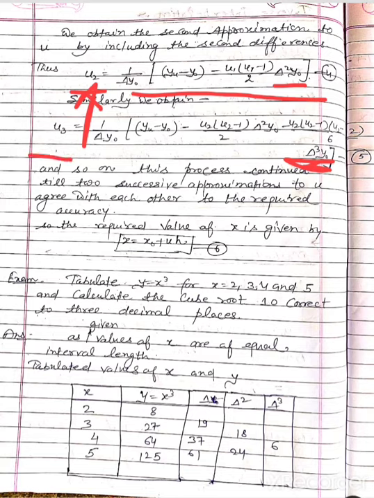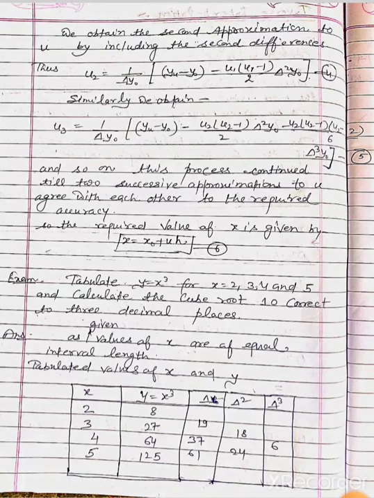So we obtain the value of u3, and so on, we obtain the value of u till two successive approximations to u agree with each other to the required accuracy.